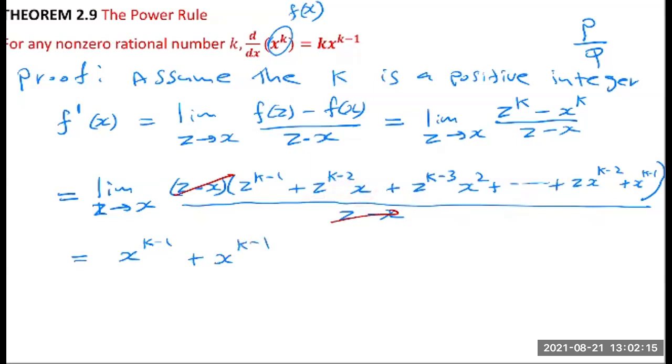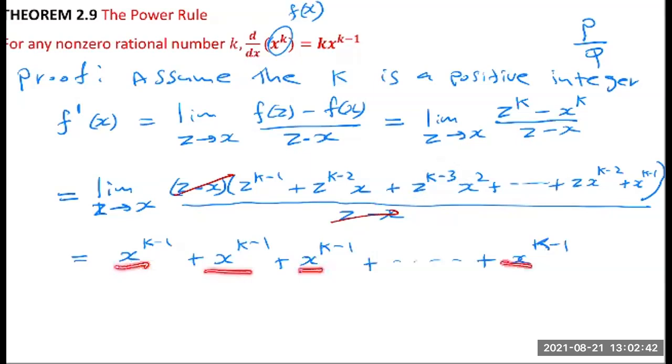Likewise, whenever you plug in z equal to x, you get x to the power k minus 1. Because here, if you plug in x, you have x to the power k minus 3 times x to the power 2, which is x to the power k minus 1. Everywhere you get copies of x to the power k minus 1, and at the end also. Now, notice that these are like terms.